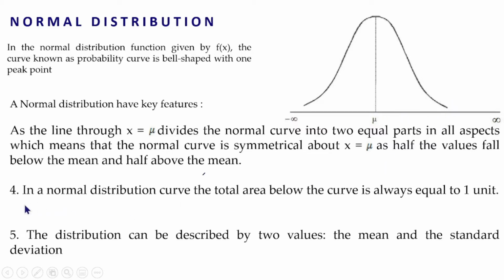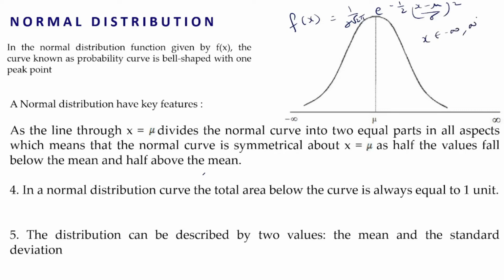And in a normal distribution curve, the total area below the curve is always equal to 1. So in any probability distribution, we used to say that the sum of their probabilities is equal to 1. Here we have the probability given by f of x is equal to 1 by sigma root 2 pi e raised to minus half into x minus mu by sigma the whole square. So the probability density function of the normal distribution is given by this function, and here x varies from minus infinity to infinity.